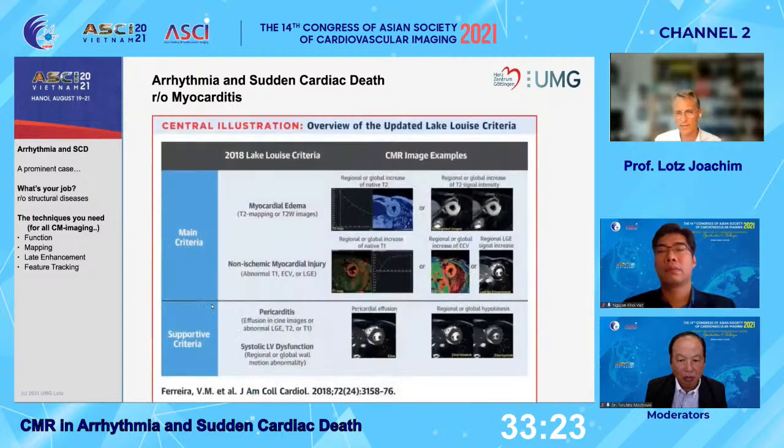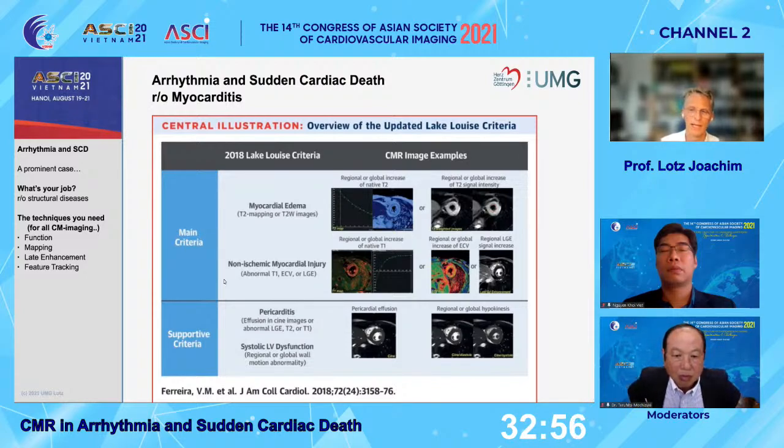The criteria for the diagnosis of myocarditis in the MRI have evolved over the last 10 years. Now we have a standard defined by the Lake Louise criteria in 2018, composed of two major criteria. The one is the indicator of a freshly active inflammatory change in the myocardium, which is anything that has to do with T2: myocardial edema, either by local T2 sequences like TIRM or STIR, or a T2 mapping.